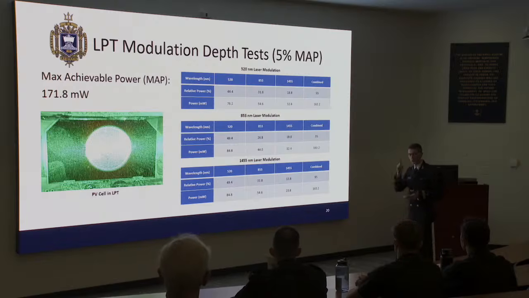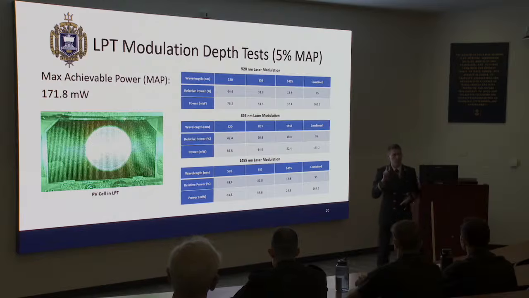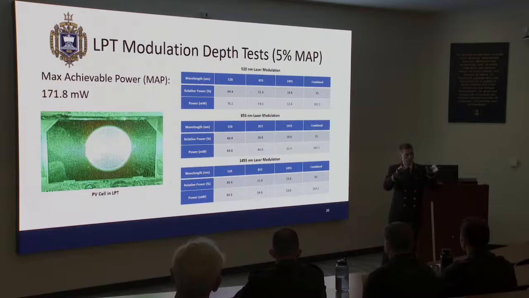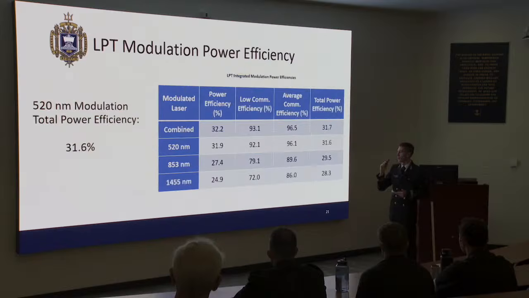So the four different methods were, the first one was a combined modulation scheme of all three laser diodes being modulated simultaneously, where they maintained the relative power apportionment as they decreased from 100% lasing power to 95% lasing power. The other three iterations were only modulating a single one of the laser diodes, each of them taking the full brunt of a 5% drop across all three, or total, laser power.